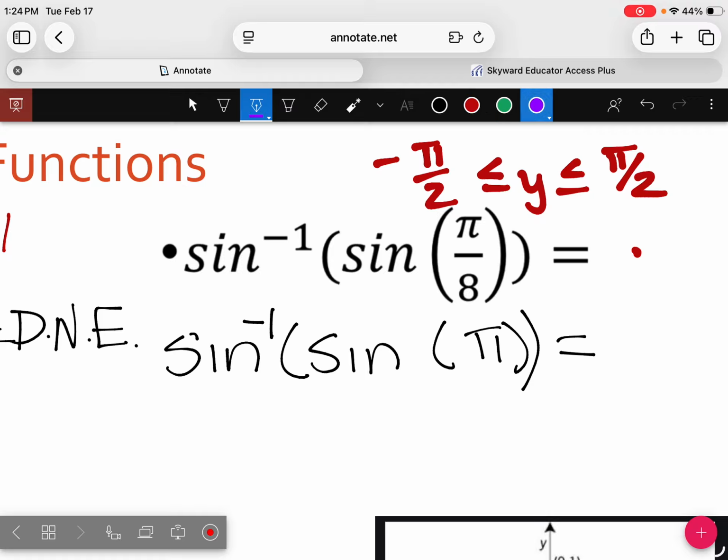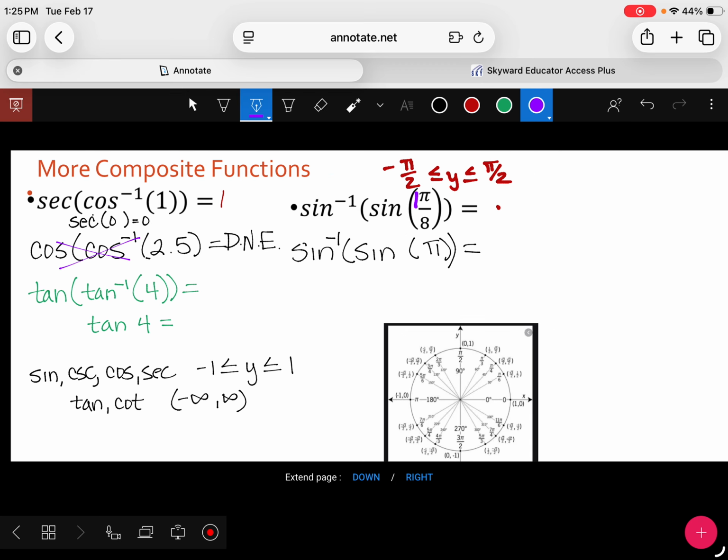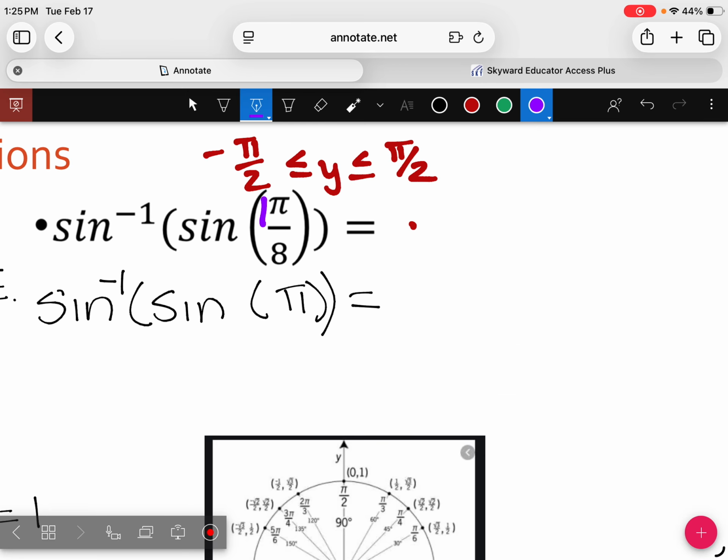Okay, so is 1/8 in between -1/2 and +1/2? Who says yes? Who says no? All right, let me go about it a different way because only about half of you know that answer. So what you could also do is rewrite this with the denominator of 8. What do I have to multiply this by to get to a denominator of 8? 4.